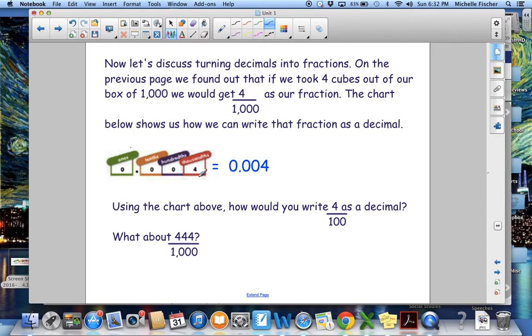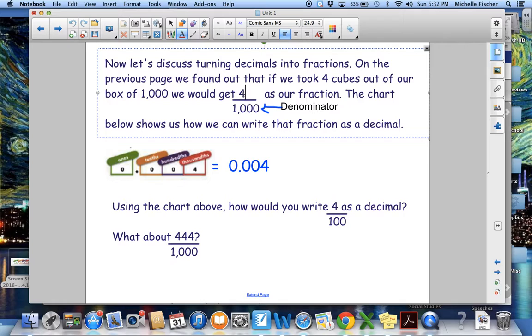and our thousandths place. So since our fraction has a denominator, which is the bottom number, so this is a denominator, I'm going to type that in just in case we maybe forgot what a denominator is. So our denominator is 1,000, which means that our 4, which is our numerator, is going to be in our thousandths place.